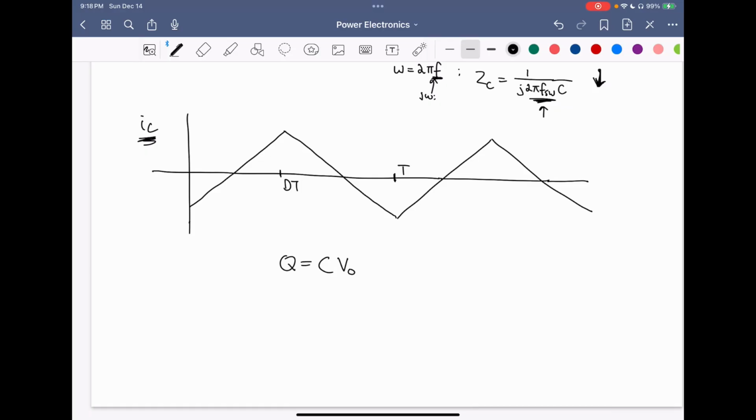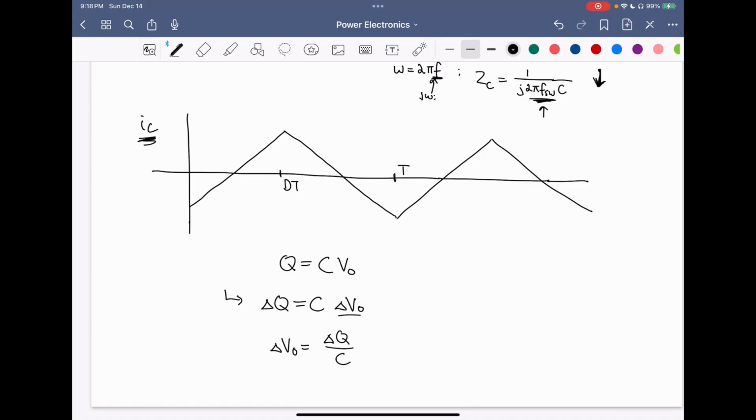So we can also express the change in charge on a capacitor as the capacitance times the change in VO. And the change in VO is the peak-to-peak voltage ripple that we're looking for. So if we isolate change in VO, we get change in VO equals the change in capacitor charge over the capacitance C.